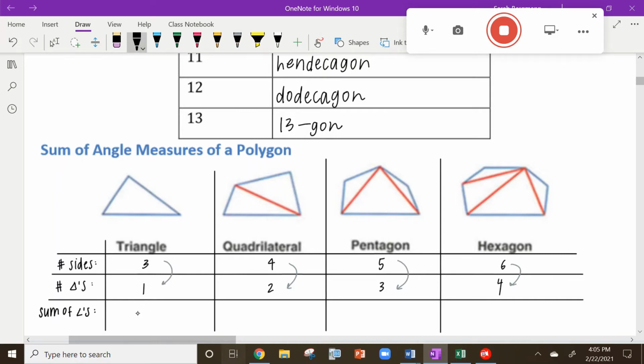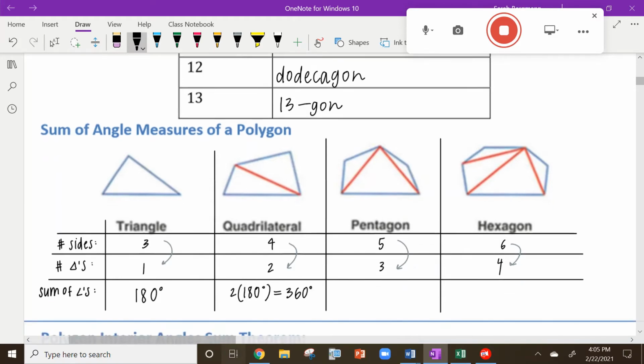In a triangle, we know that the sum of the angle measures inside the triangle, or the interior angle measures, is 180 degrees. Therefore, if we look at a quadrilateral, since it can be broken up into 2 triangles, I know each of these triangles has a sum of the angle measures of 180 degrees. So that means the quadrilateral has 2 times 180 degrees, or 360 degrees.